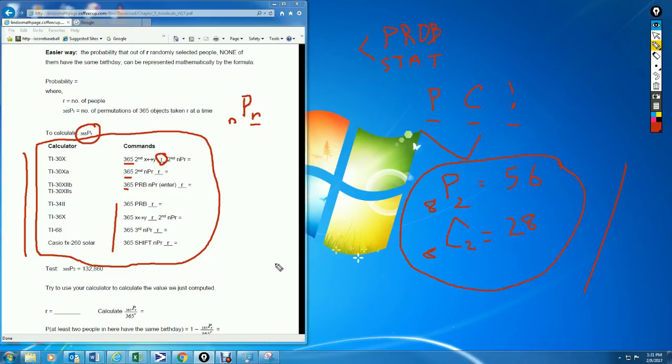Okay? But it is vitally important that you know how to do permutations and combinations on your calculator. Okay? All right, so pause if you want. I'm going to erase all this and go on.